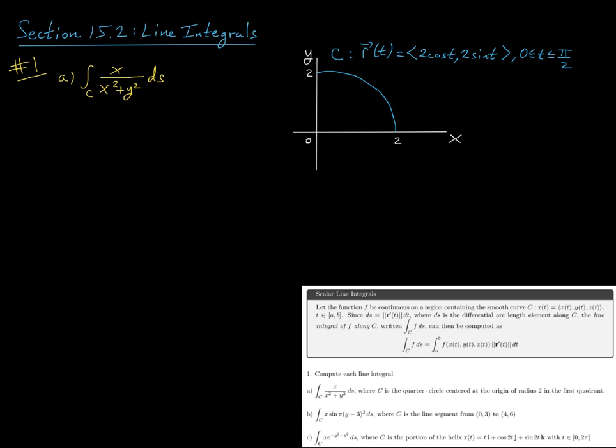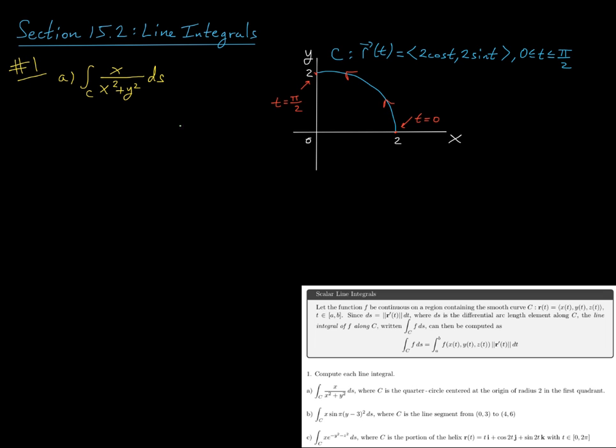So this gives us a counterclockwise parameterization of this quarter circle. At t equals 0, we're here at the point (2, 0). And when t is pi over 2, we're up here at the top at the point (0, 2).